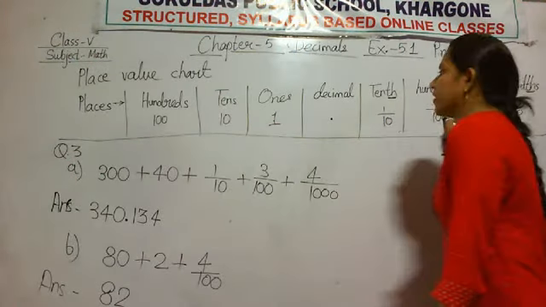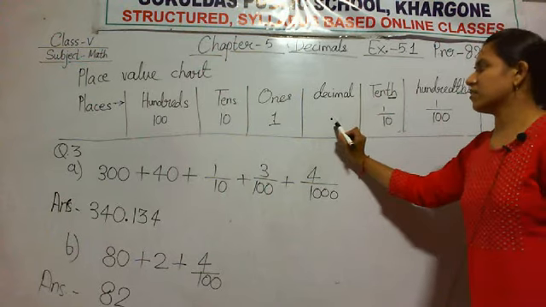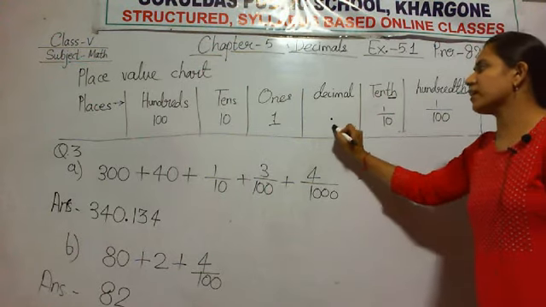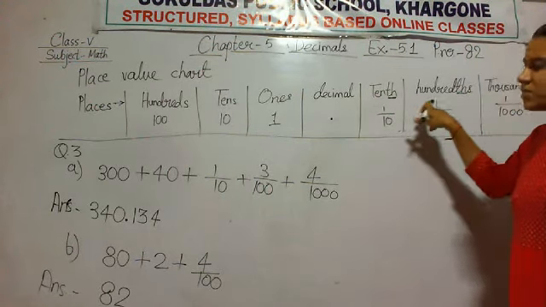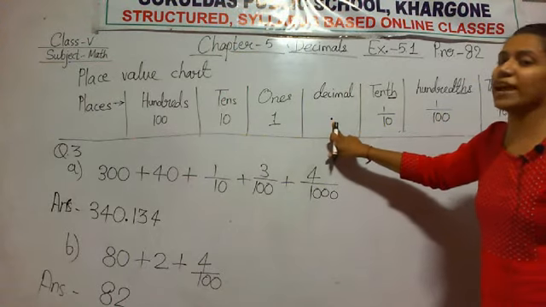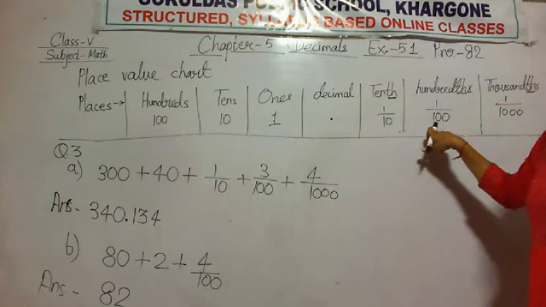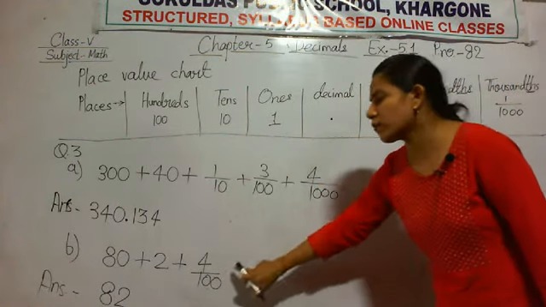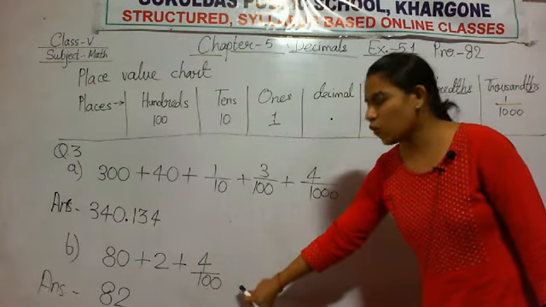The position of 1 upon 100 is right of the decimal, second place. So here 4 upon 100 is given.